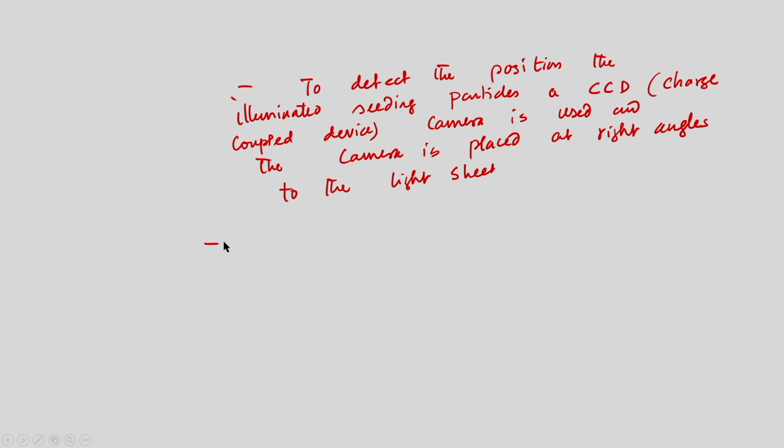Right. So, we have one camera, that is what we have seen in the schematic, and the camera is placed at right angles to the light sheet, and this is a CCD camera. Now, the camera is placed only to detect the position of the illuminated seeding particle.